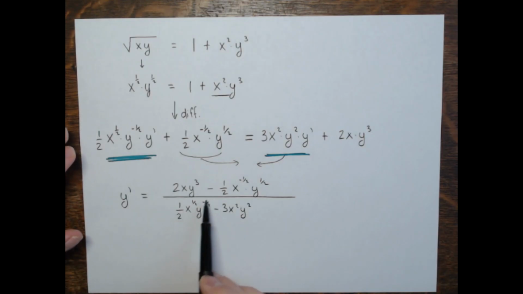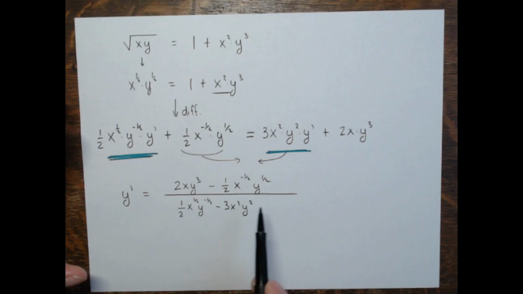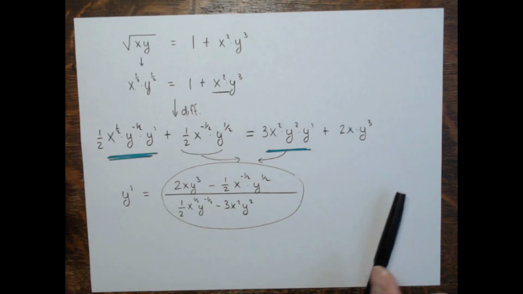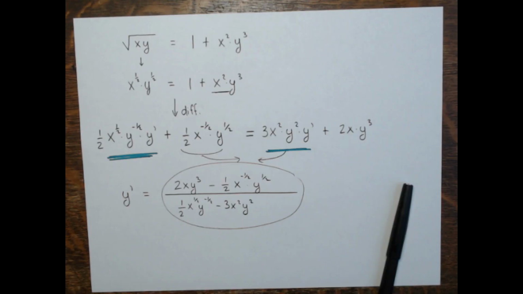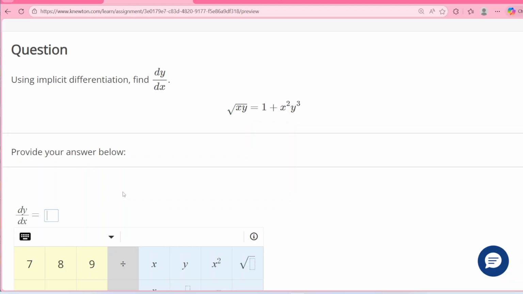If you don't like all the fractions, you can multiply the top and bottom by 2, making this 4 and 1 and 1 and 6. But there's our y prime expression depending on x and y. So I'll do that so I don't have to type all the fractions.